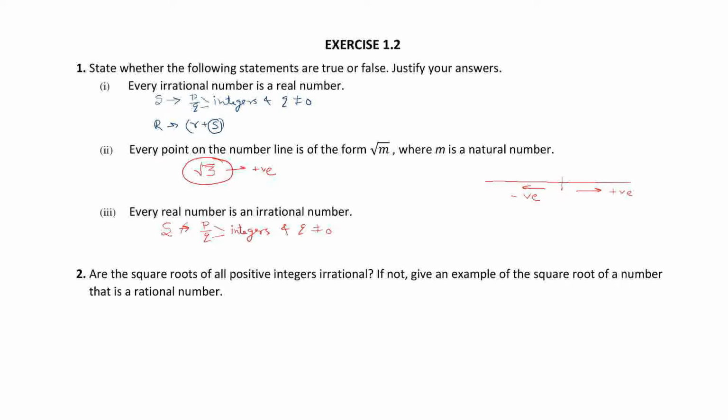While the real number is the combination of both rational and irrational numbers. So every irrational number is a real number. Therefore, we can conclude that every real number is not an irrational number.